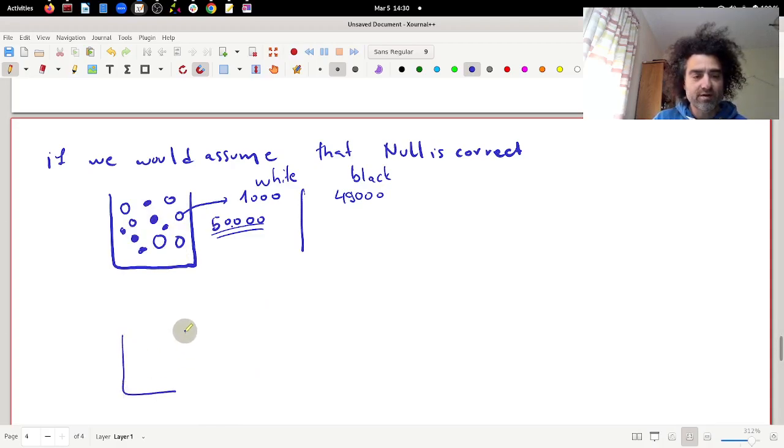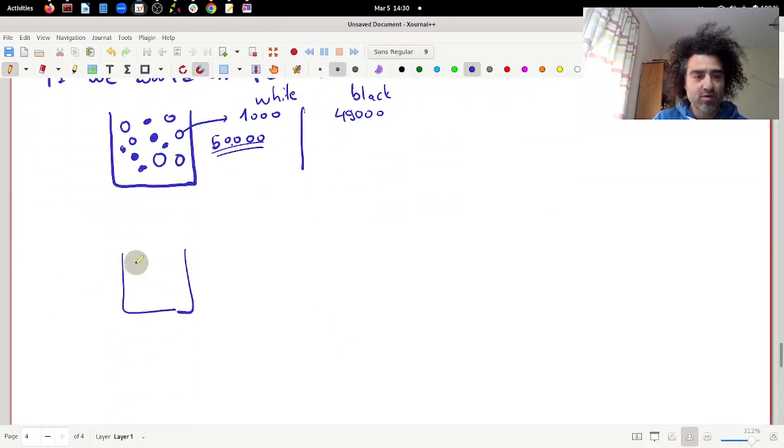What is the over group? The over group says that I have a box of 500 balls, and there are here 200 white.